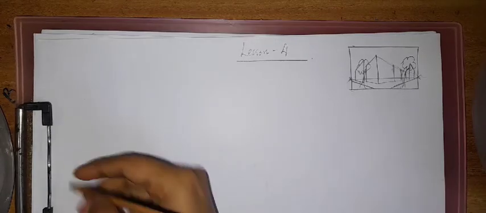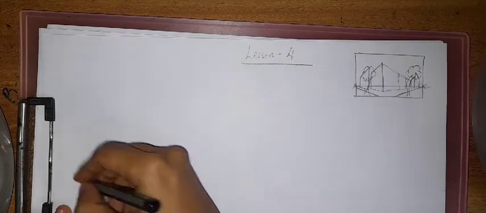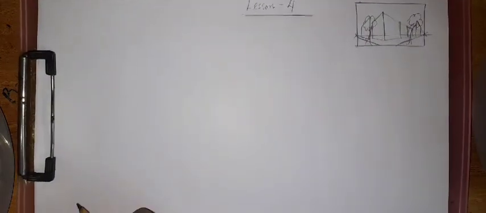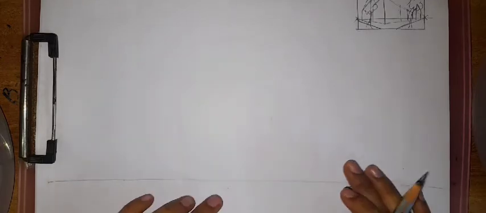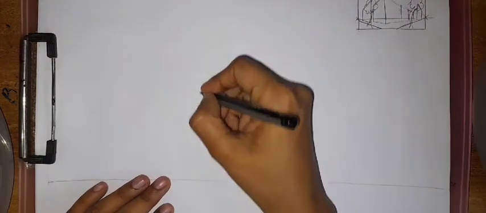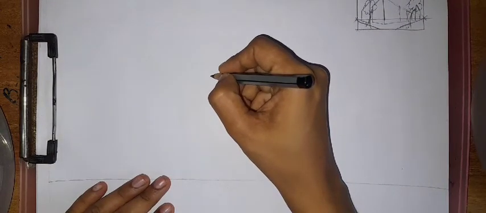Now I'm drawing my horizon, so I'm drawing it at the bottom here. You should draw your lines very light when you draw the first time, and for the next stage you should darken your lines, so that when you're rubbing something it will not affect your drawing.